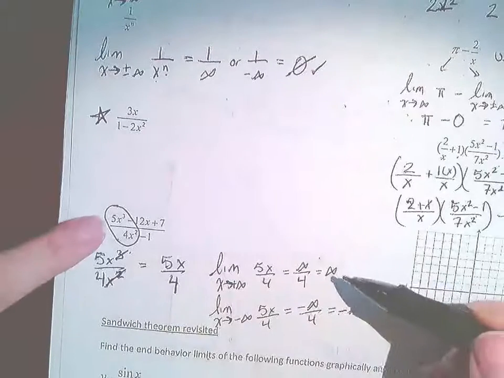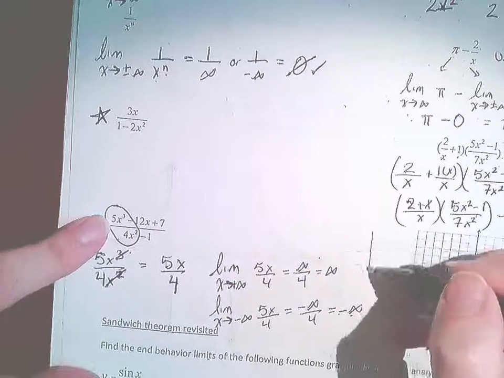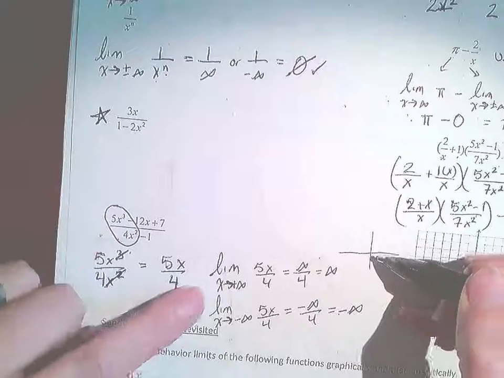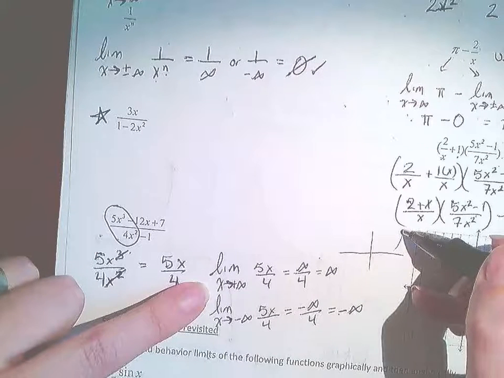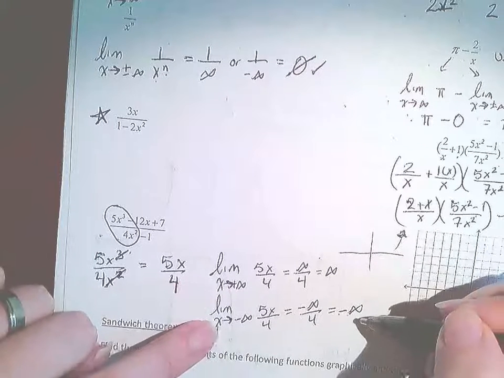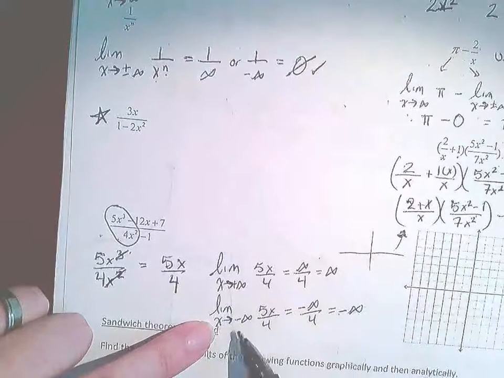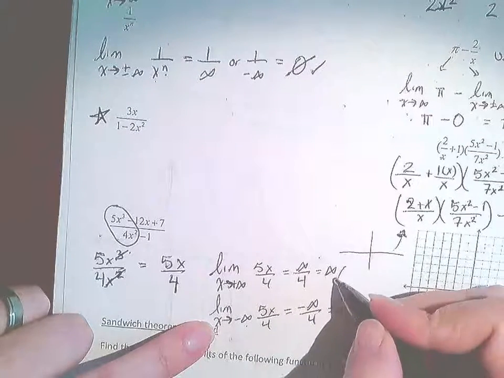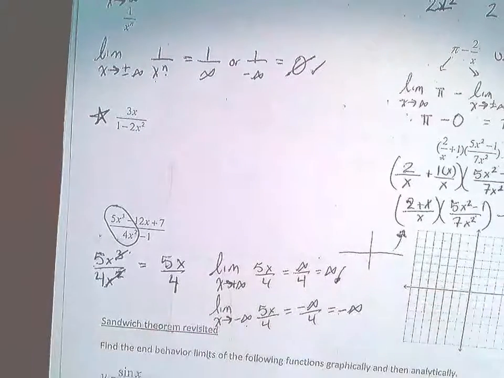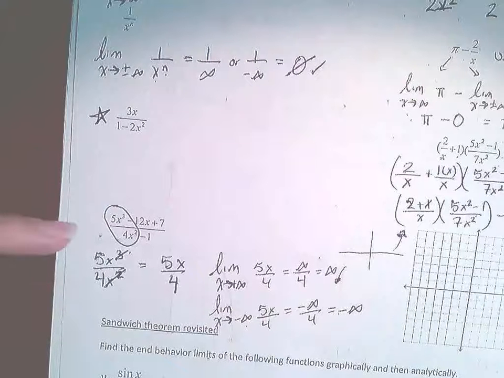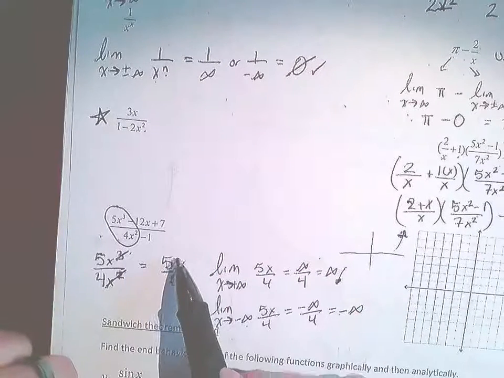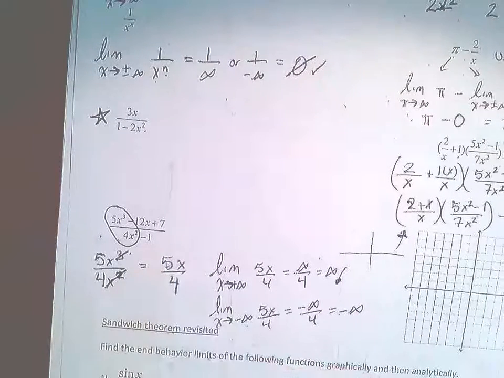So that means the end behaviors of this graph: as x approaches infinity over here, the graph is going up. But as x approaches infinity in the negative direction, the graph is going down. Okay? All right. Now this is similar to what we just did, but we'll leave one to go over together tomorrow.